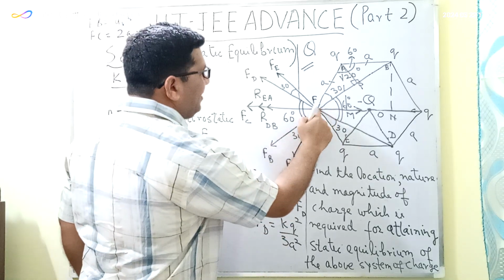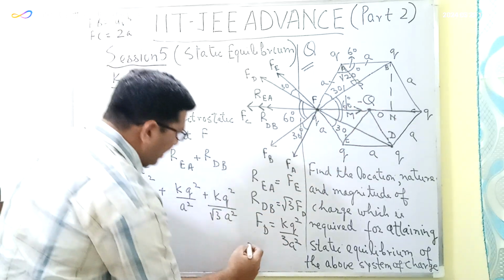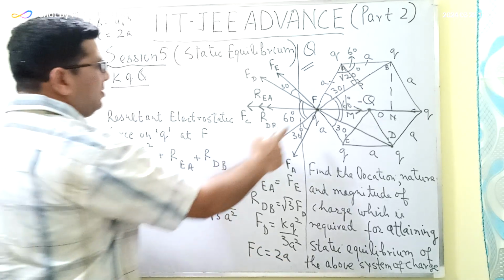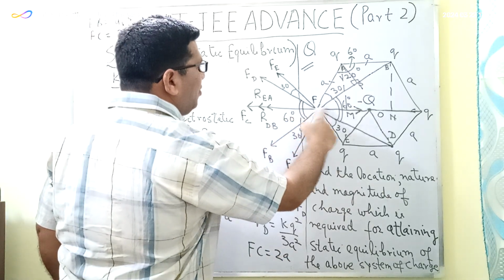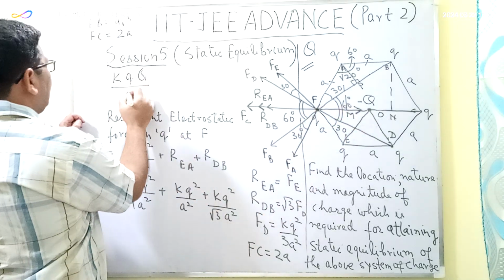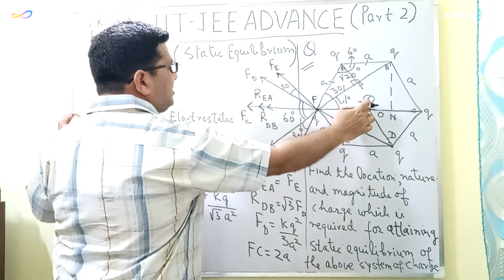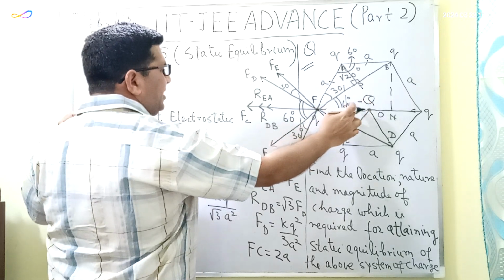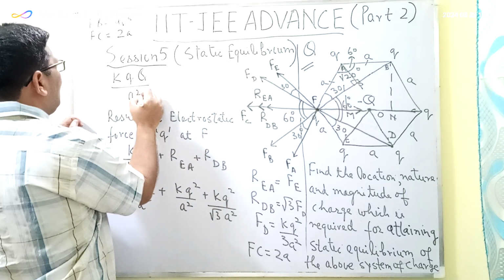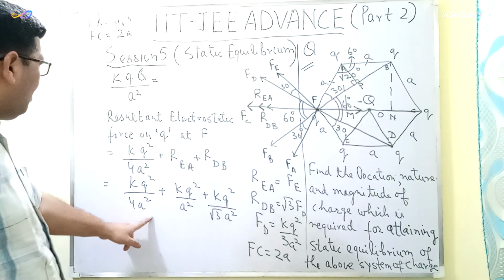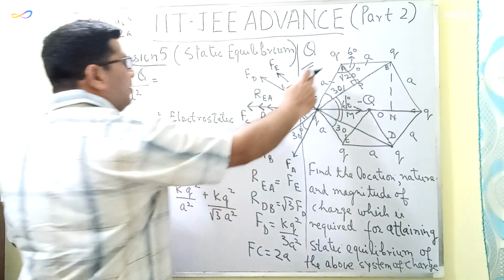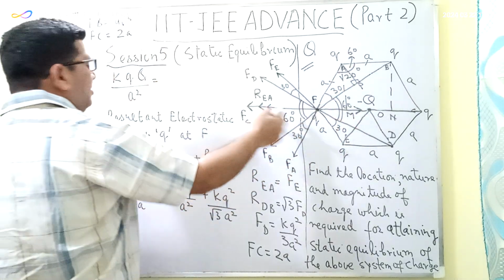We have already found that Fc is equal to 2A, so FO will be equal to A. So the distance between this negative charge Q and this small q will be equal to A, so this will be equal to A square, and this has to be equal to the electrostatic repulsive force on account of these 5 charges.